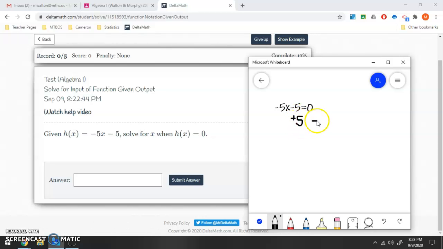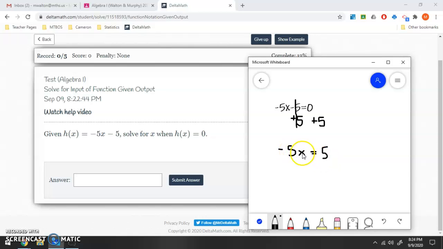Let's add 5 to both sides. When I do that, I end up with negative 5x is equal to, since the negative 5 and 5 cancel out, 0 plus 5 is 5.